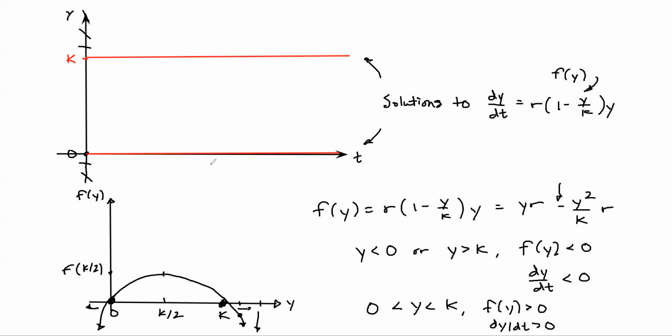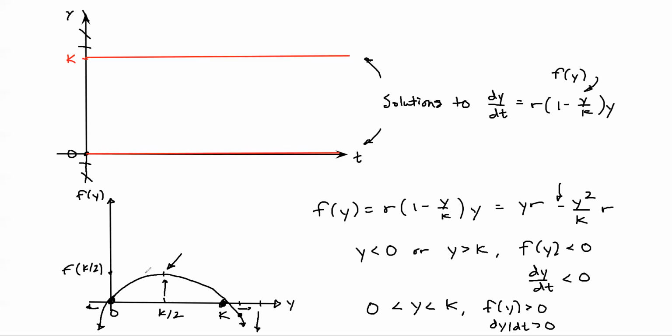Okay, and one more thing about these positive slopes. How do they behave? We can tell by looking at our picture here. Well, the largest value occurs right here at k over 2. That's going to be our largest slope. When you plug in k over 2, that's where the largest f of y value is going to be, right?